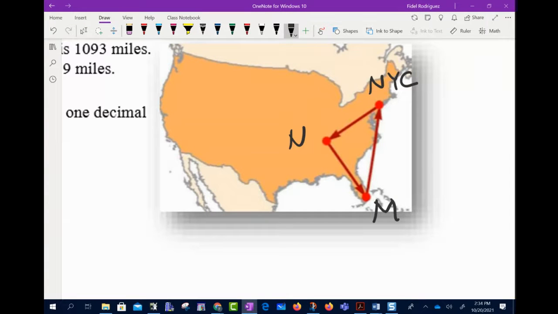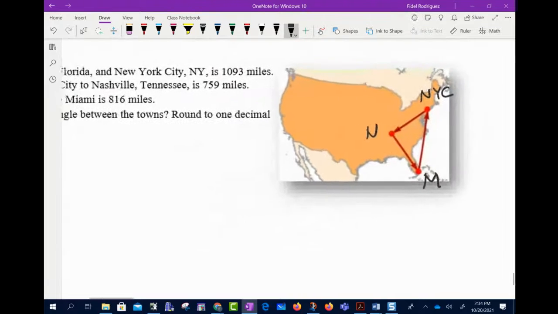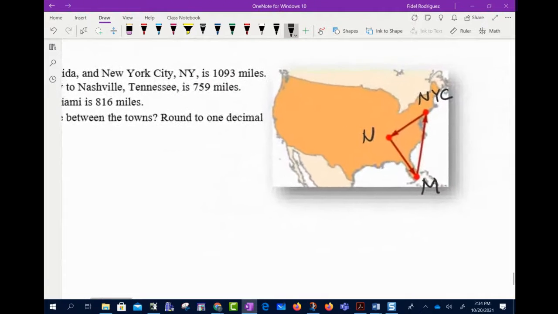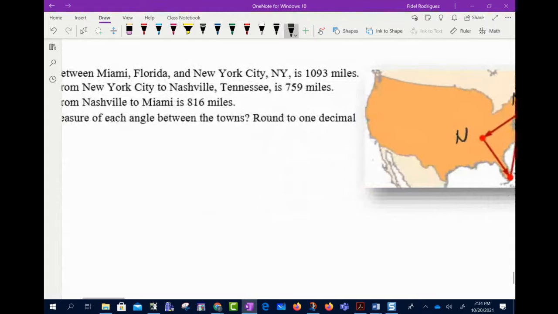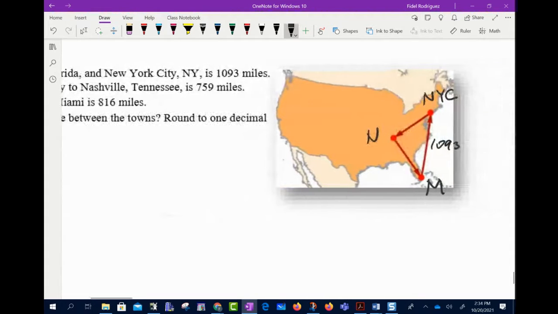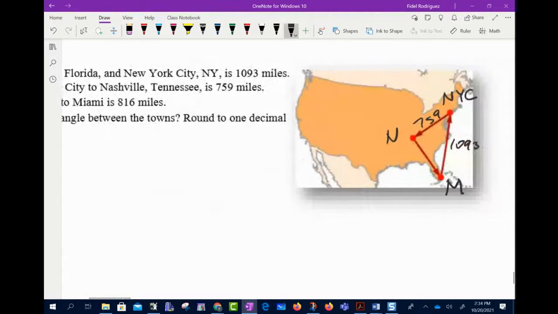Okay, so let's see if we can label this triangle. Okay, so first thing I notice is it says the distance between Miami and New York is 1093. So everybody agreed that this distance here, y'all, is 1093? And then the distance from New York to Nashville is 759. So this one here is 759. And then the distance from Nashville to Miami is 816. So this one here is 816.